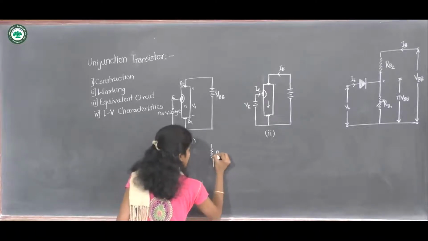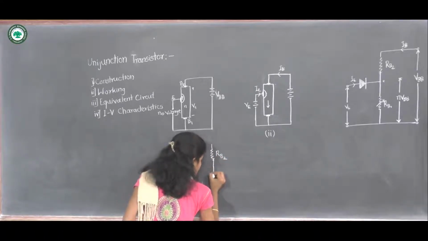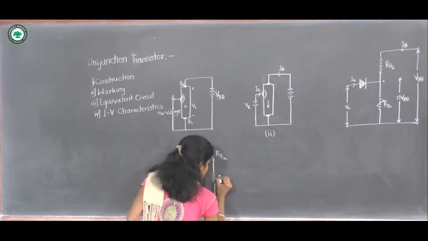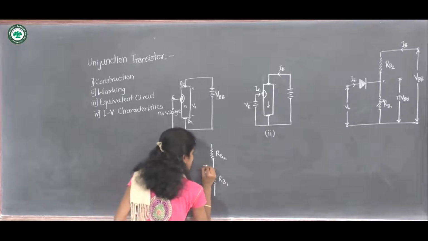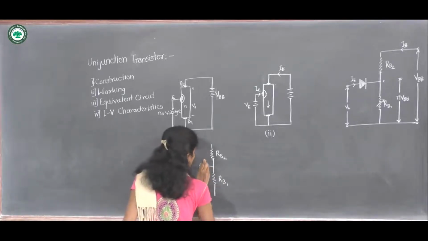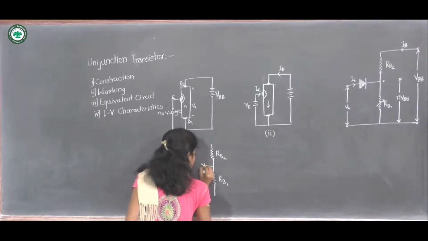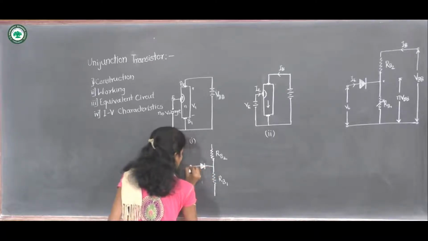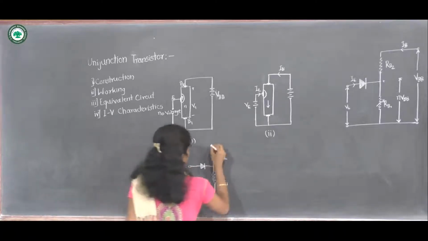So this is RB2, this is RB1, and as the unijunction transistor has a single PN junction, it is equivalent to a diode. And this is the emitter terminal, which is open.